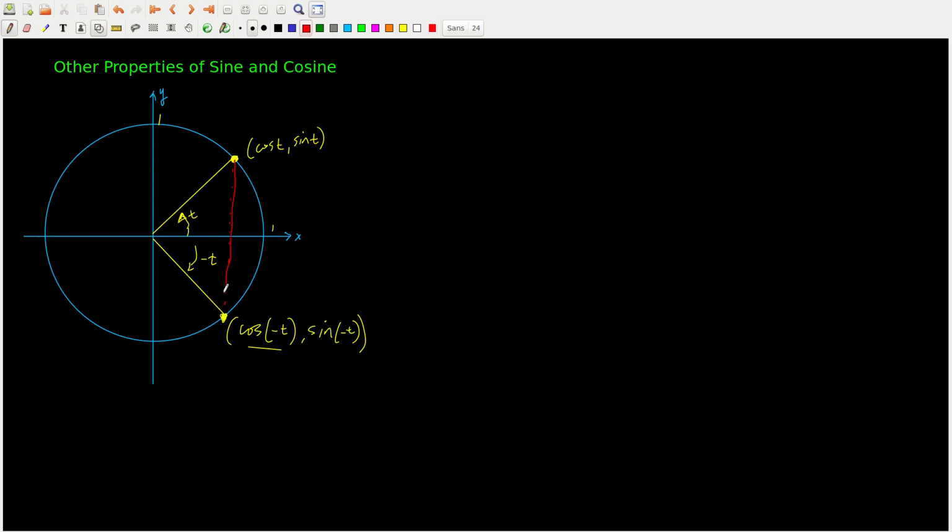But let's compare those 2 points. In fact, let's join that line up. Let's compare those 2 points, one at the top and one at the bottom. If I'd drawn it well, you would see that the x value here is exactly the same. Well, what's the x value again? The x value is just the cosine. So the x value is identical for these 2 points. So the x value down here, cosine of minus t, must equal the x value up there, which is the cosine of t. Looking at the y values, well, the y values are just reflected. The y value here is positive, the y value here is negative.